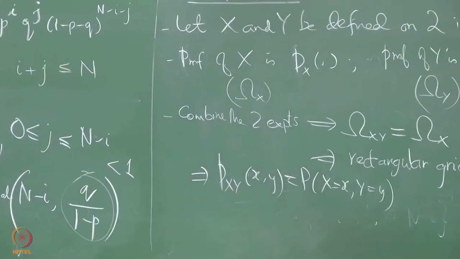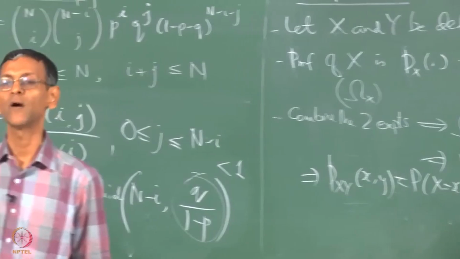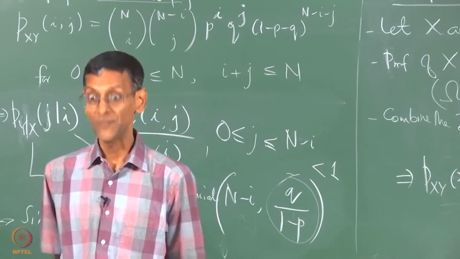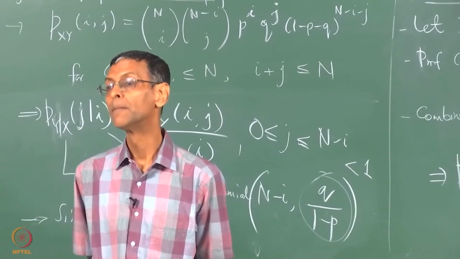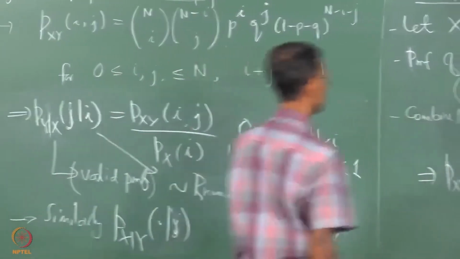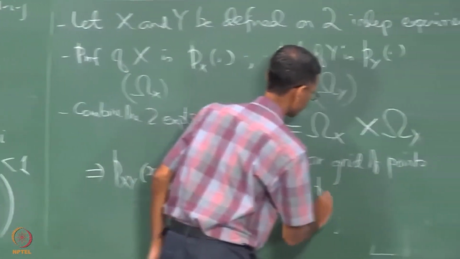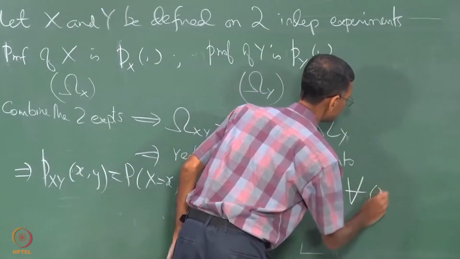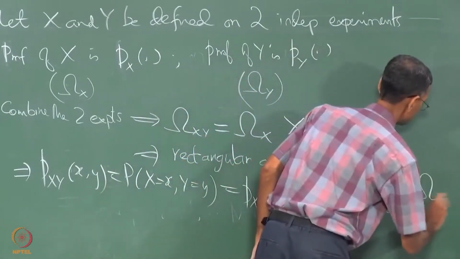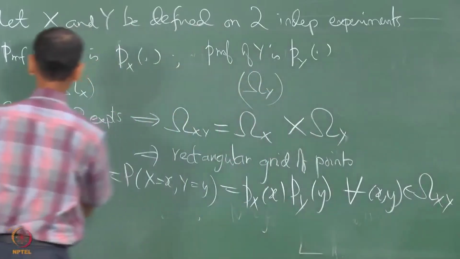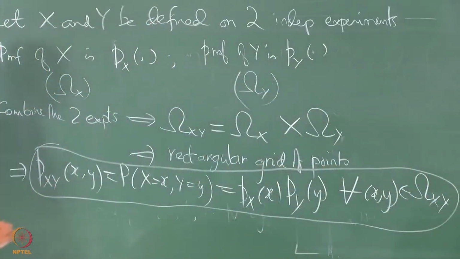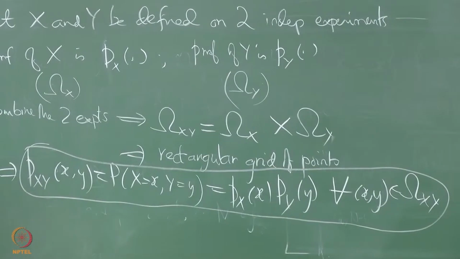So the event X equal to x must be independent of the event Y equal to y, because the experiments are independent, for every small x and every small y. So this is the most fundamental equality that characterizes independent random variables.